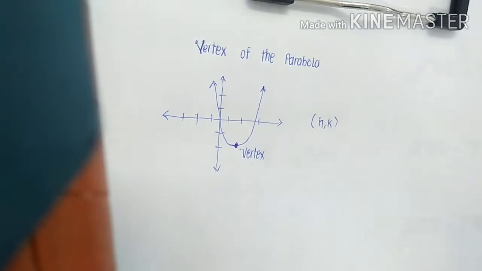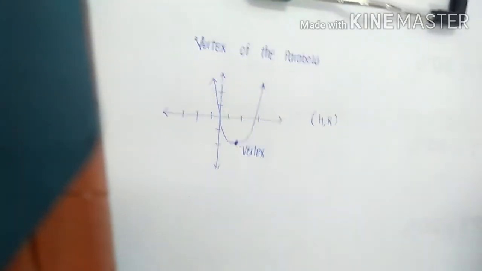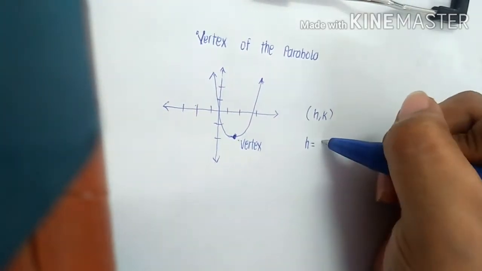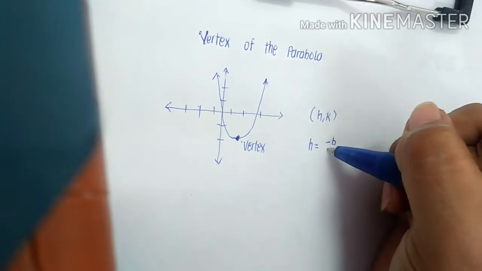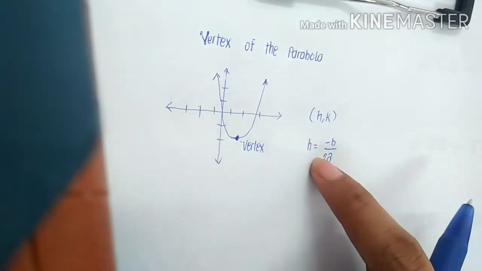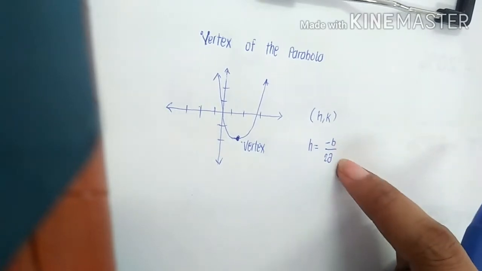But we also have a shortcut in getting the vertex of a parabola. To make it easy, we will be using this: H is equal to negative B over 2A.